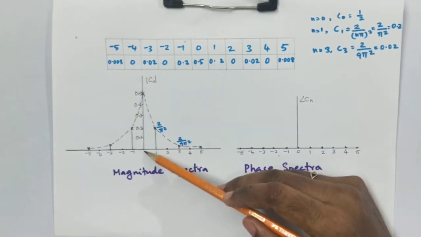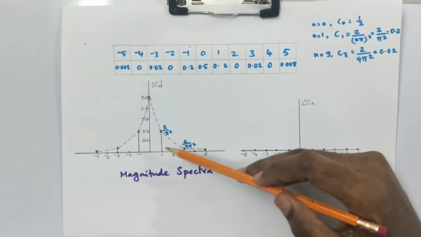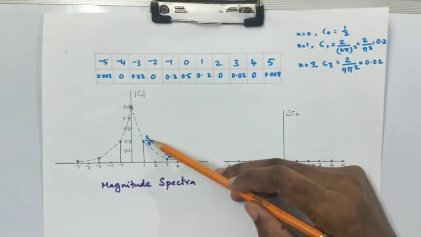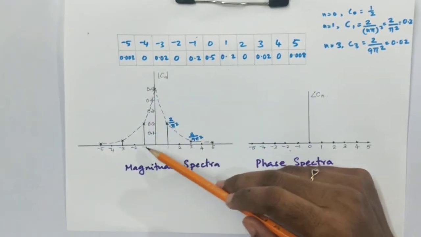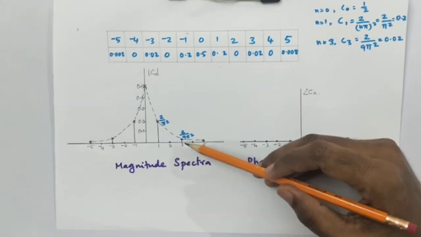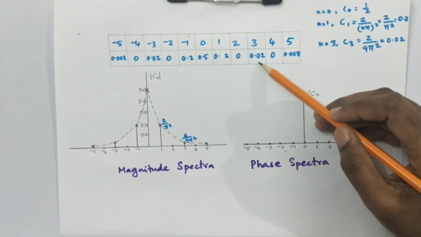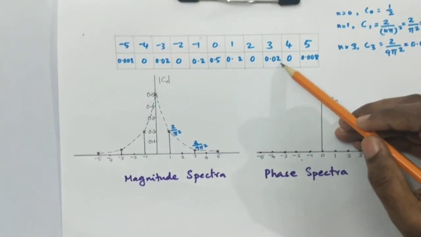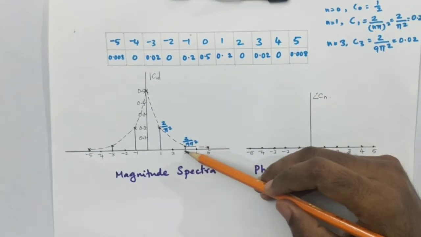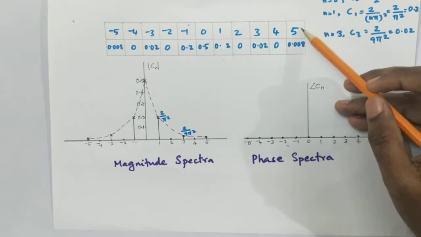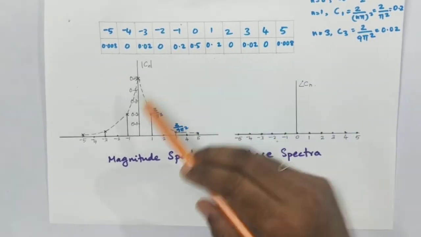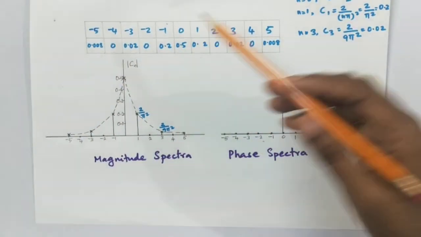So at 0 we have 0.5, and at 1, 2 by π square, that is 0.2, 0.2 for plus 1 and minus 1. And for 3 it is 2 by 9π square, 0.02. So that is for 3 and minus 3. Similarly for 5 it is 0.008, and minus 5 also 0.008.